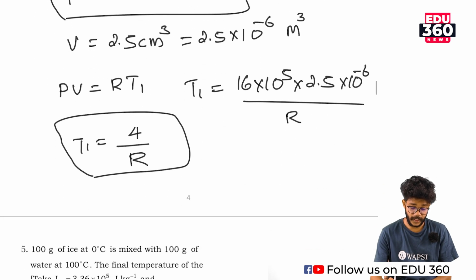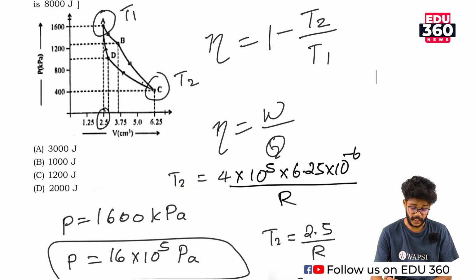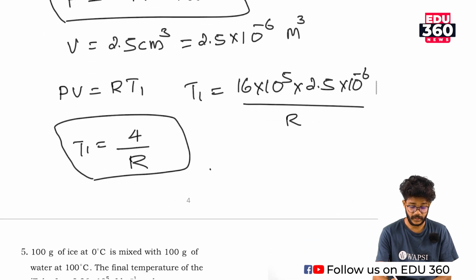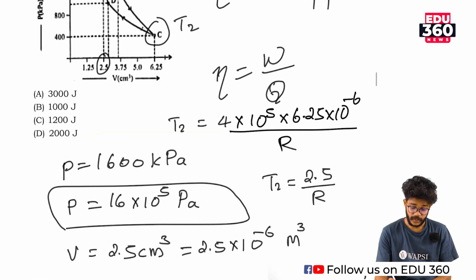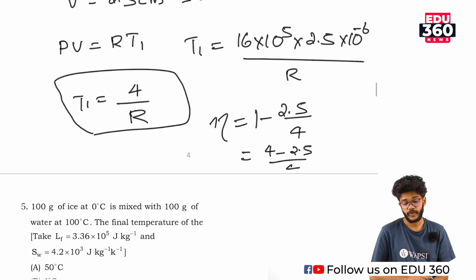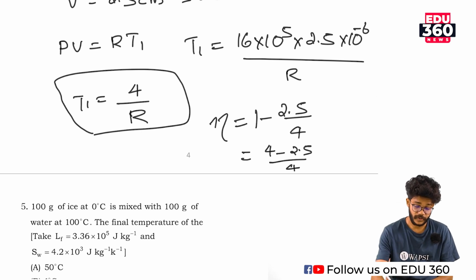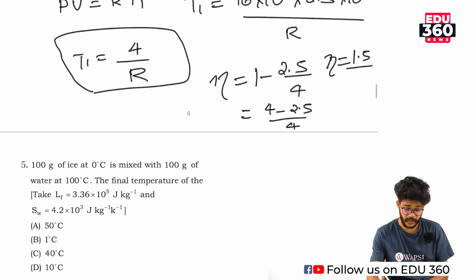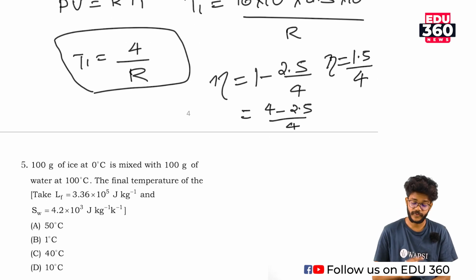So efficiency eta is equal to 1 minus T2 by T1, which is 2.5 divided by 4. That equals 4 minus 2.5 by 4, and 4 minus 2.5 is 1.5. So eta is equal to 1.5 divided by 4.